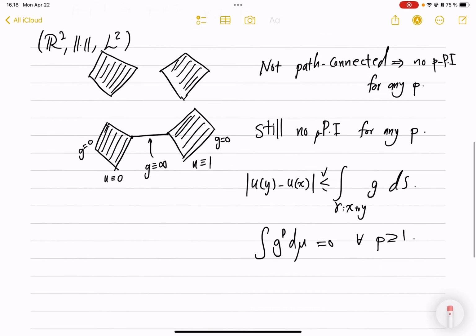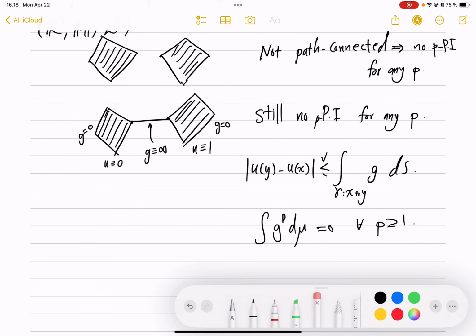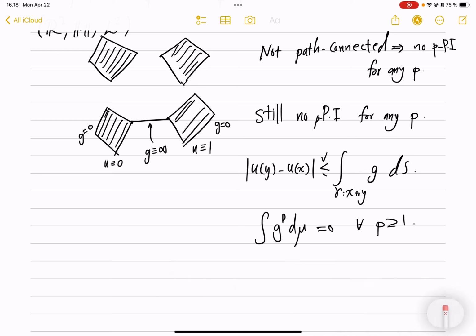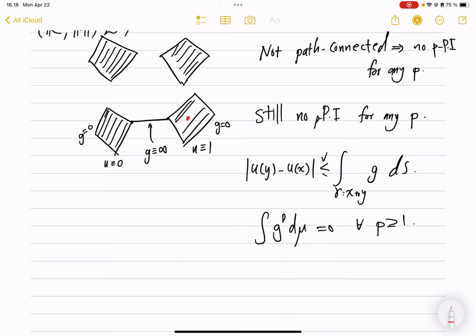This example illustrates that when you are given different points in your space, you don't want just any path connecting them, but you want the paths that do connect them to occupy some area so that this integral does not become 0.